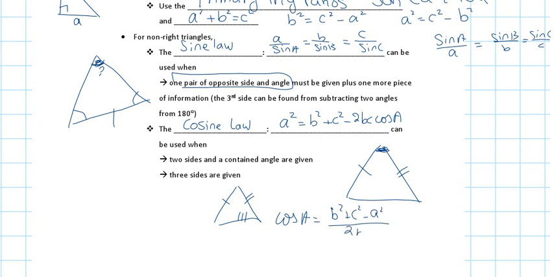Again, there are different variations of the formula, but they follow the same pattern. This formula can be used whenever I'm looking for a side, given the two sides and the angle, and this formula can be used whenever I'm given the three sides.